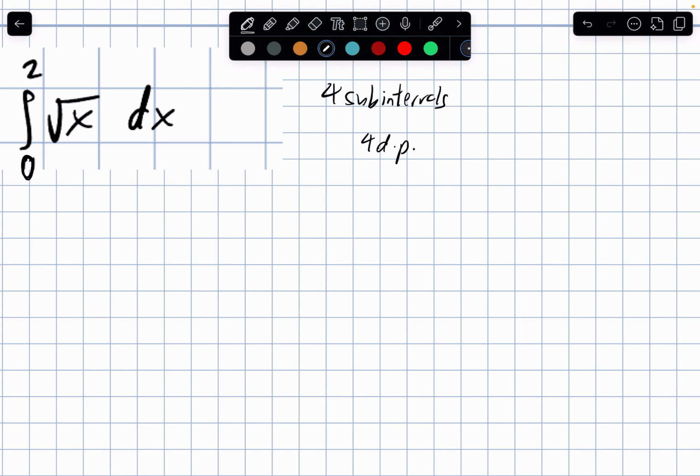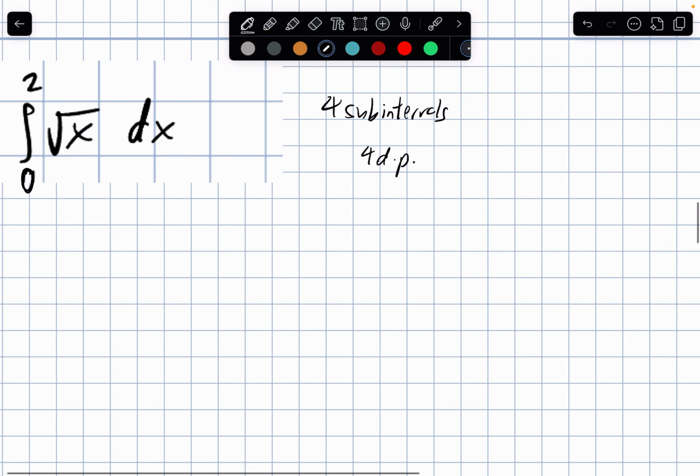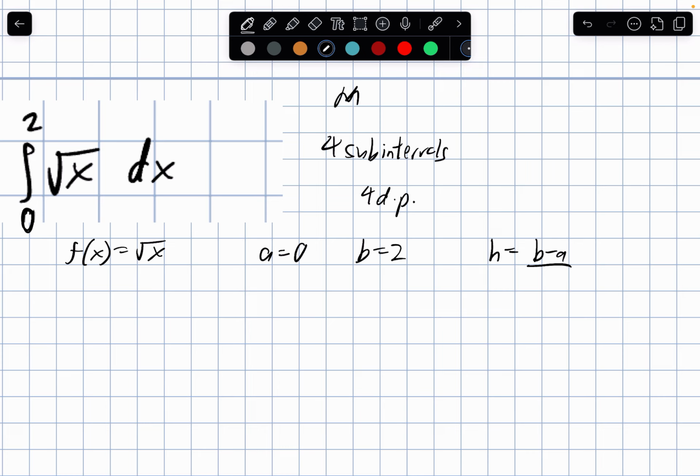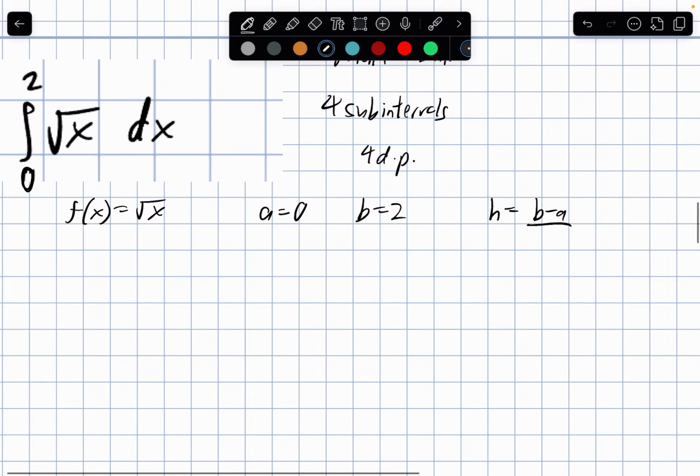Just like what we did earlier. Hindi ko nabanggit earlier. Anyways, so f of x, still square root of x. A is 0, b is 2. Okay? So now let's look for the height. By the way, we are going to solve this using multiple intervals. Not single interval, no?